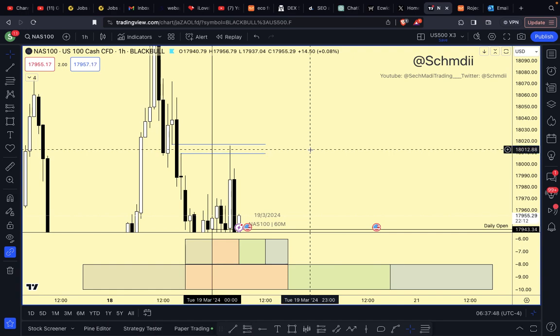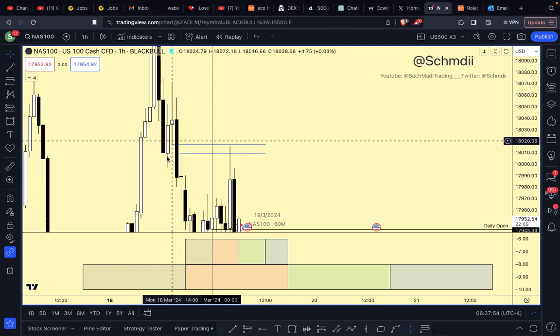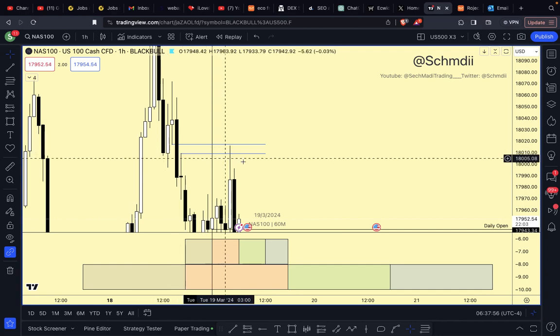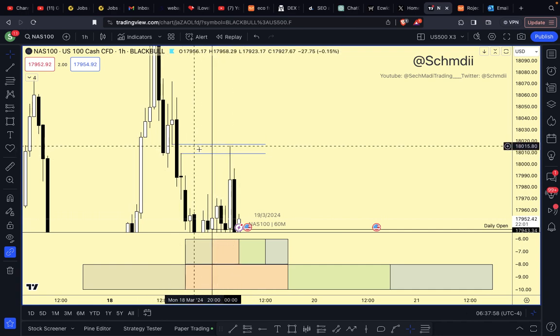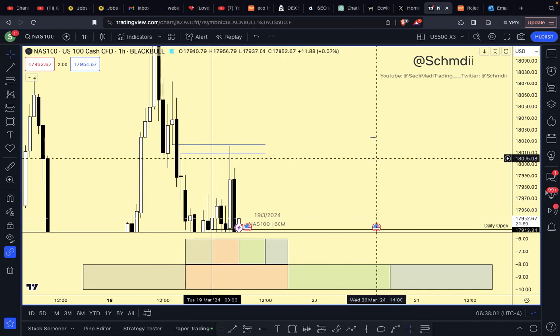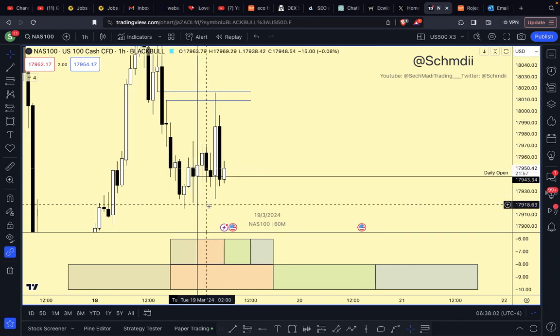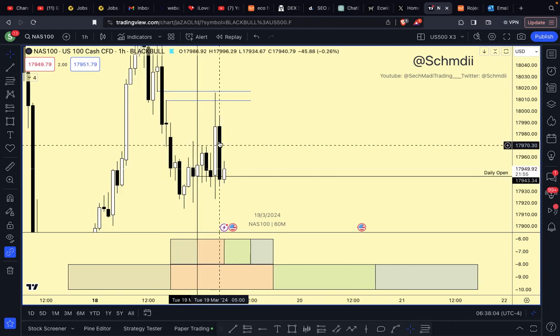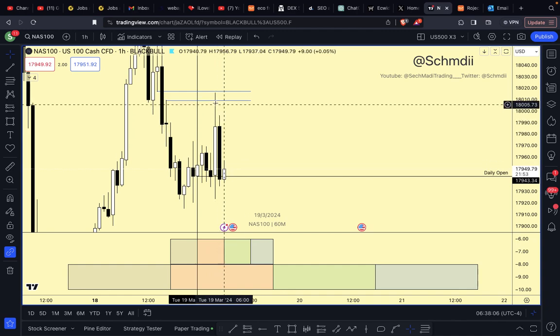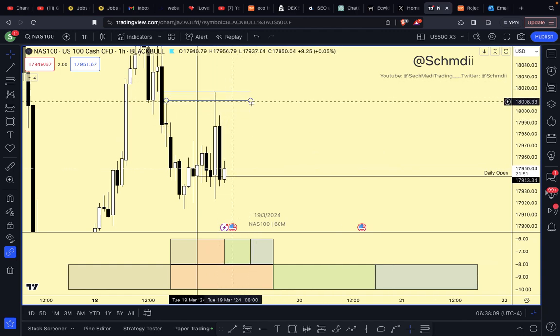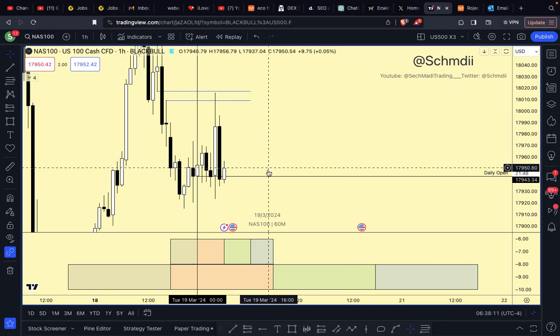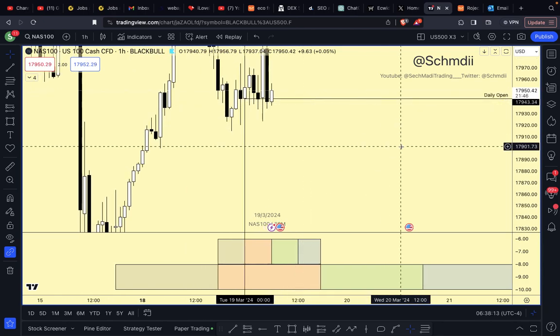I just had to start by marking out that hourly fair value gap, which also has the order block. We got the displacement to the downside. So the way it's set up right now, I'm looking for price not to trade up above that high over there. I'm looking for price to expand to the downside.